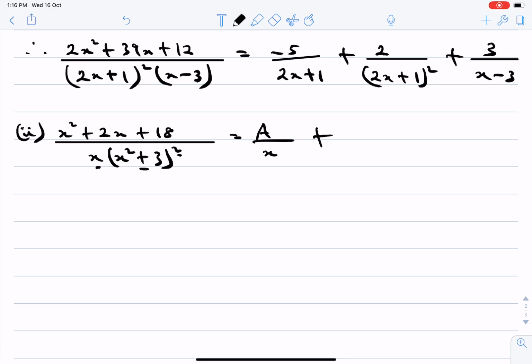And we know that the numerator assigned to a non-factorizable quadratic factor is a polynomial of degree 1, which is the most general.